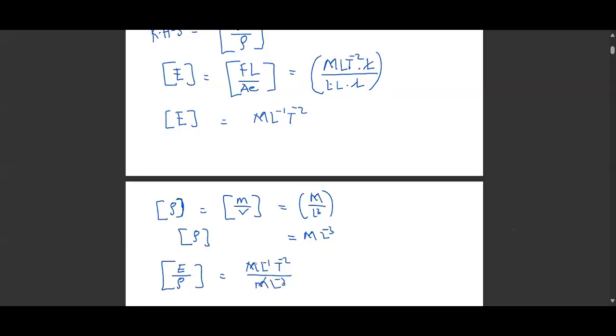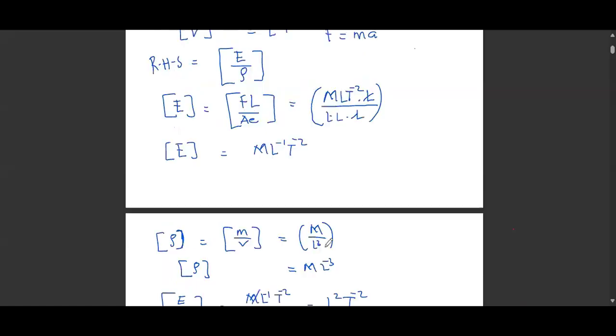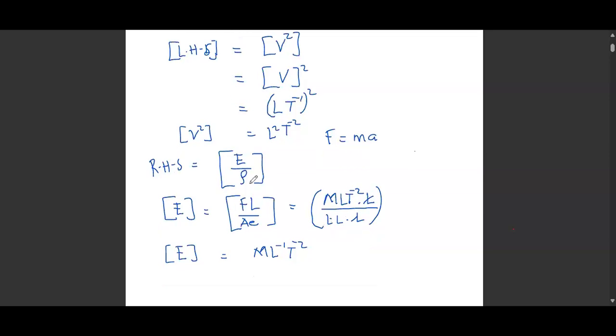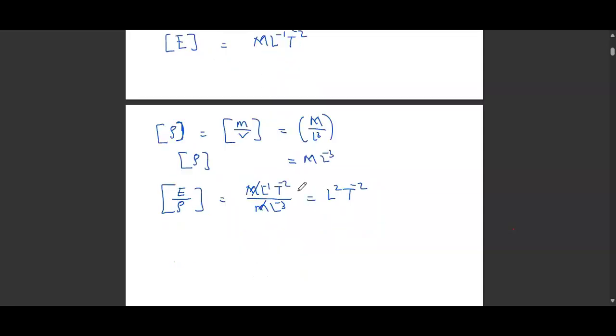If you apply indices here, we shall come up with L power 2, then T power negative what? Power negative 2. So if you compare our left-hand side, it is L squared, T power negative 2, and our right-hand side, it is L squared, T power negative 2. Then you come and say, since the dimensions of the left-hand side are equal to the dimensions of the right-hand side.